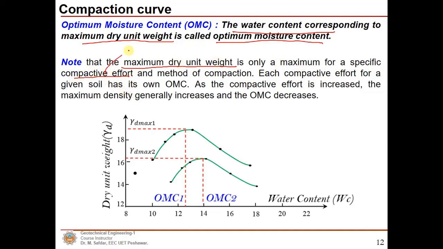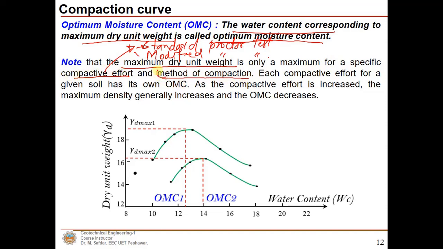For example, if we are using the standard Proctor test, the gamma d and optimum moisture content will be different, and if we are using the modified Proctor test, just for the time being you can take it as a different compactive effort and a method of compaction.